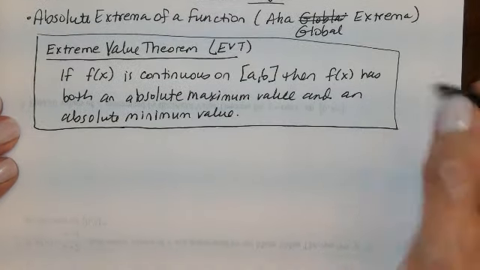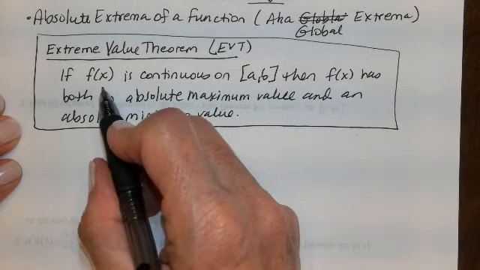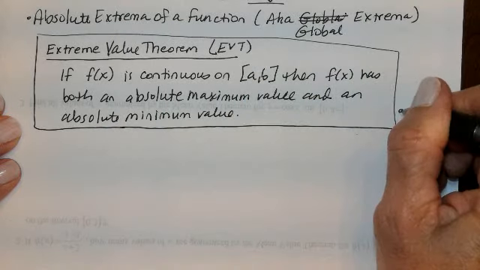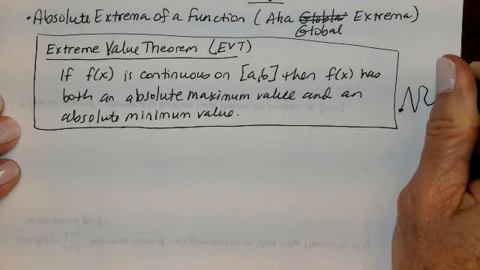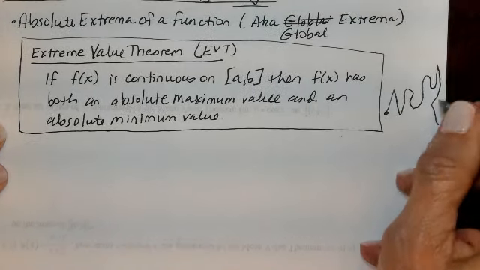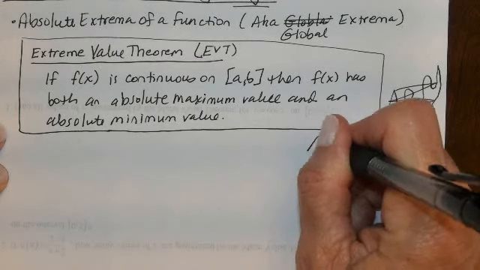If you have a graph, a function that's continuous on a closed interval, I don't care what this thing does. It could do really goofy things. It can't go backwards. It has to be a function, but it could do lots of things.